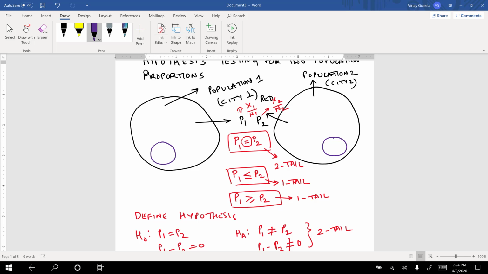Suppose we take a sample of size small n1, then the proportion of the sample is represented by p hat, and it will be given by x1 over n1. So this is the proportion of the sample. So x1 is the number of people who like color red.